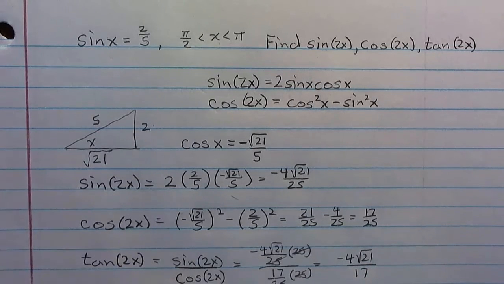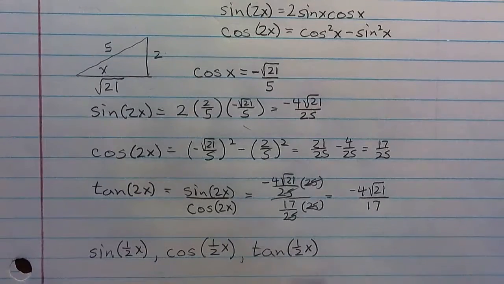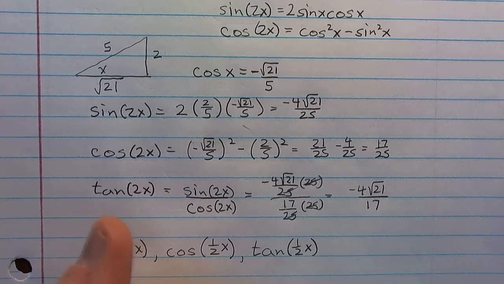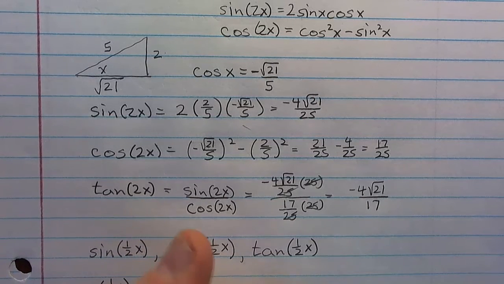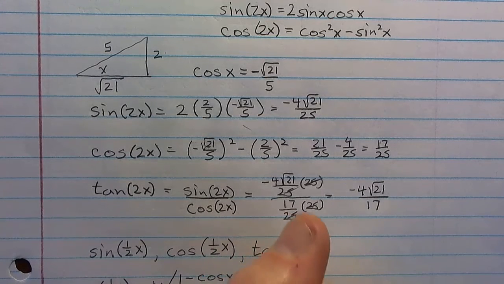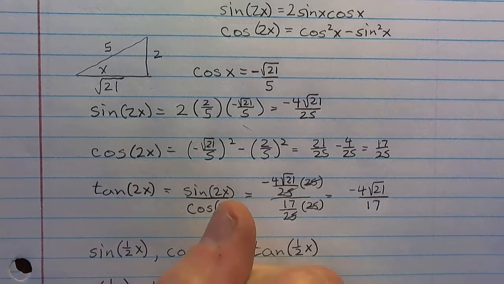Okay, now remember the half angle formulas go like this. Sine 1/2 x equals plus or minus the square root of 1 minus cosine x over 2.